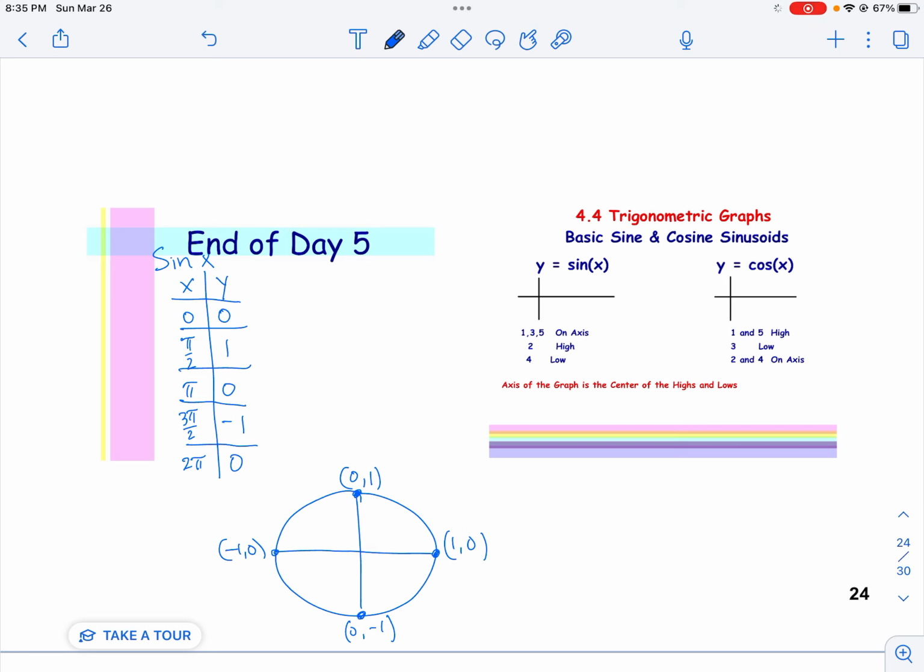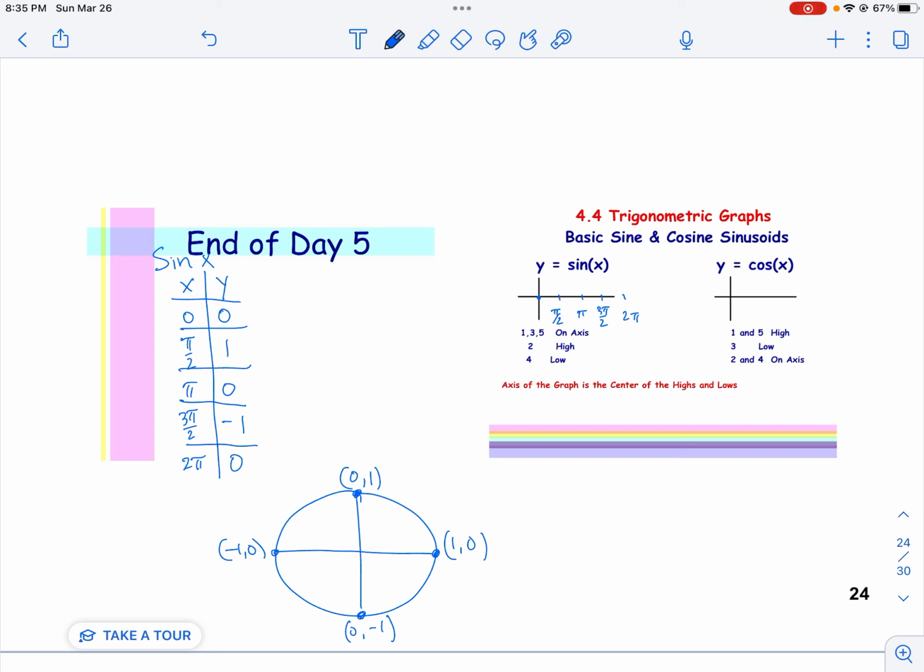So when I go to graph the sine curve, I'm going to be starting here at the origin 0, 0. My intervals along the x-axis are going to be pi over 2, pi, 3 pi over 2, and 2 pi.